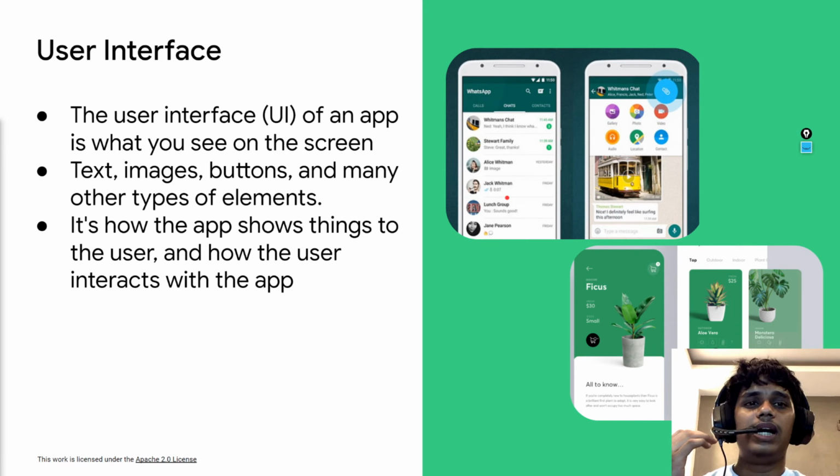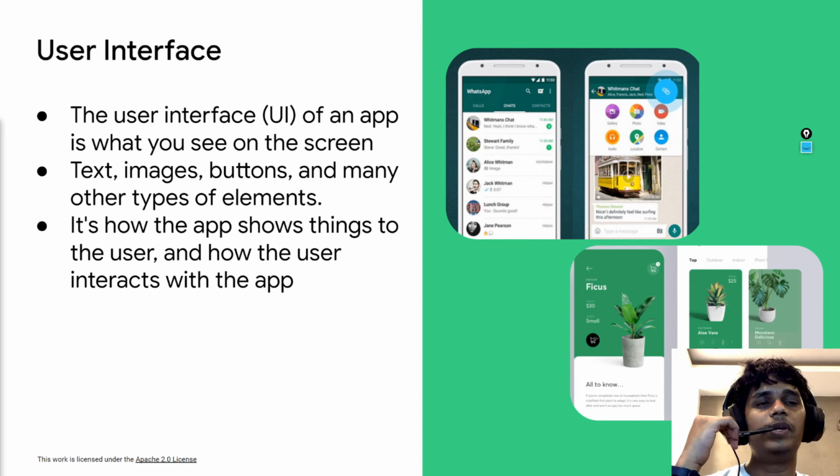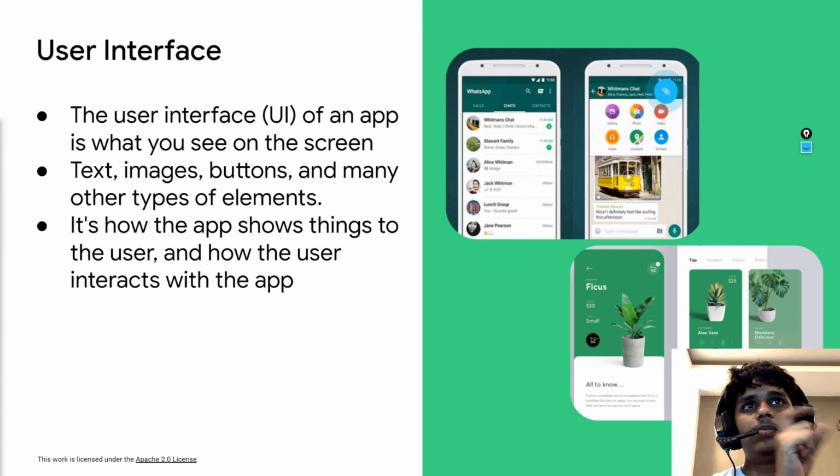So the basic thing you need to understand about an app is that the UI should look good, and it should also be very efficient for the user. Whenever the user opens the app, they should notice where all the things are, and where they need to go to reach a particular window. You can have a better interaction, and when you are typing a message, there is interaction going on between you and the app too.